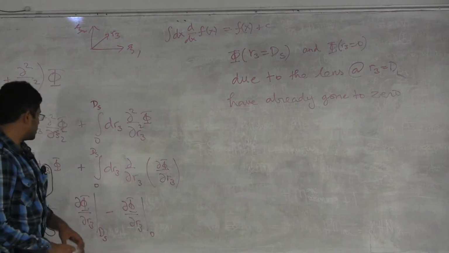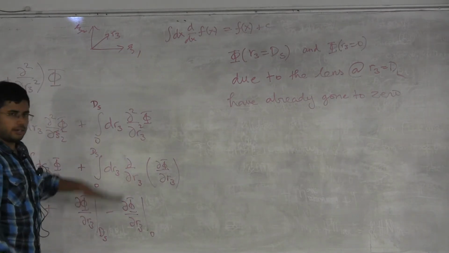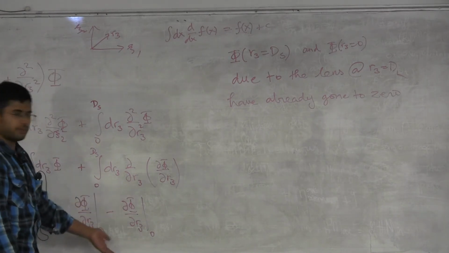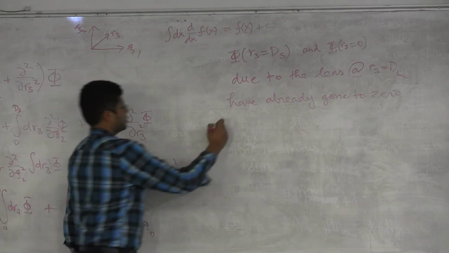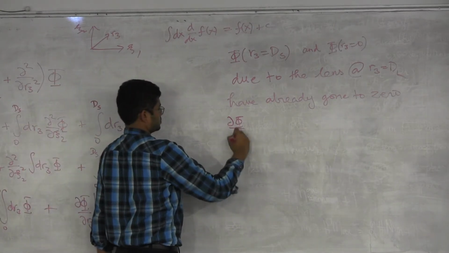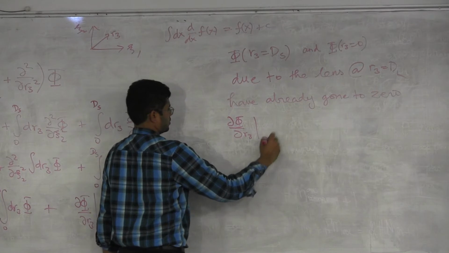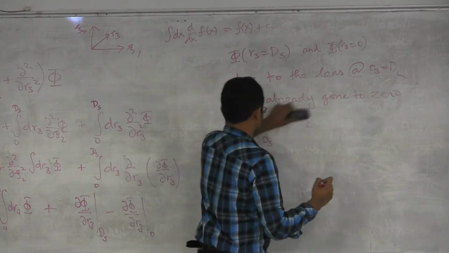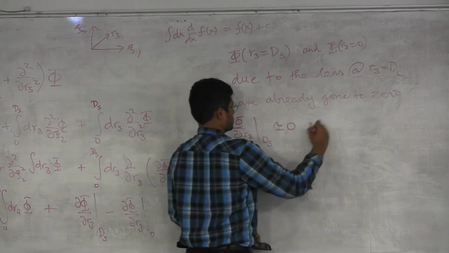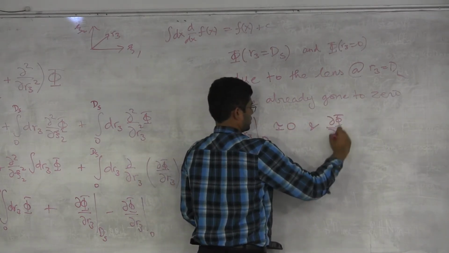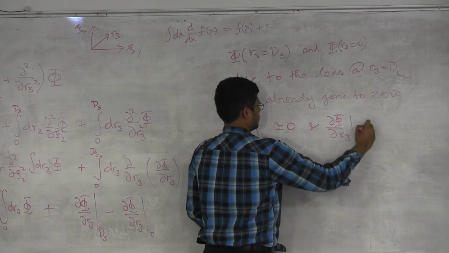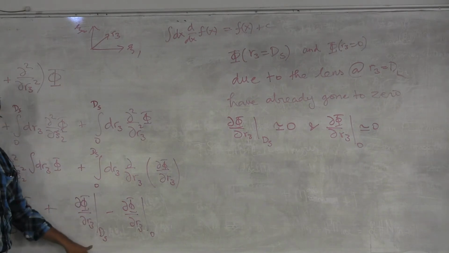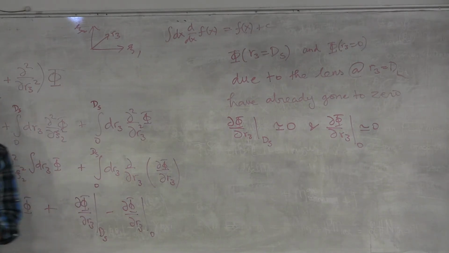I am saying that the potential has died down by the time we go to r3 equal to ds or to 0, so that the derivative is also 0. So both of these terms are individually zero, so I can just cancel them.